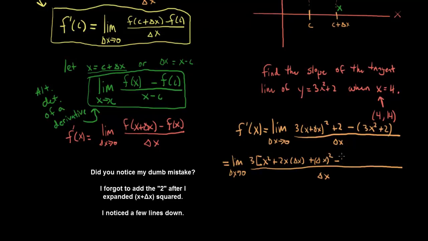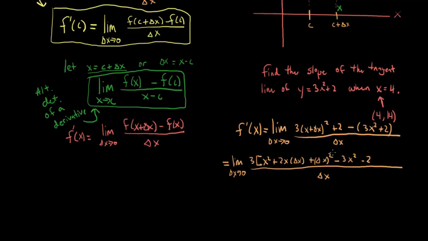Minus 3x squared minus 2. So I distributed that negative sign. Okay, next line, we need to distribute this 3 right here.